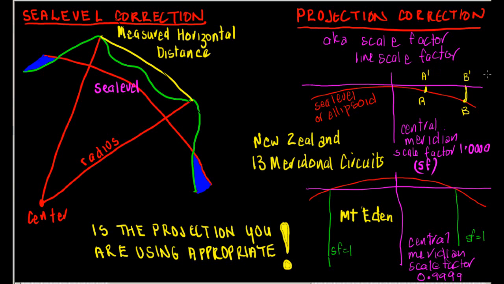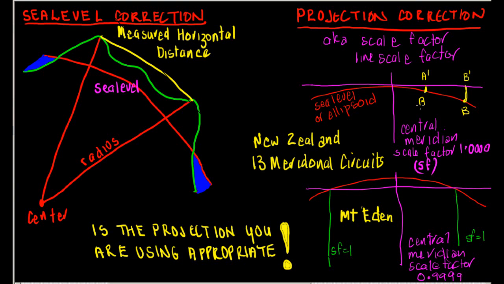This is represented east-west, so we have a transverse Mercator map projection, and so our central meridian is going north-south, and this would be west over here and east over here. So the variables that determine our scale factor are the easting element of the coordinates.